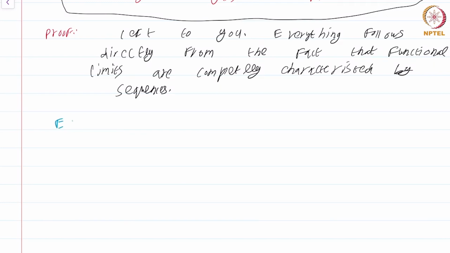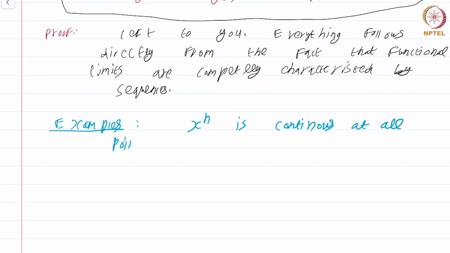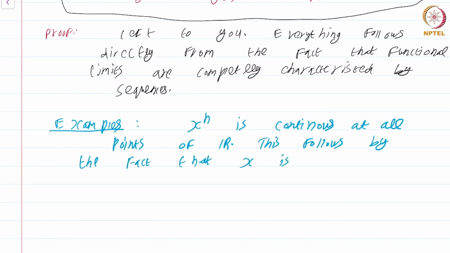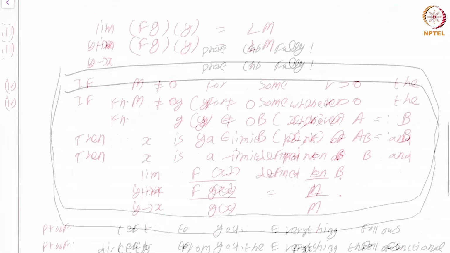Examples. x to the n is continuous at all points of R. This follows by the fact that x is continuous and number 3 of the previous theorem, right?